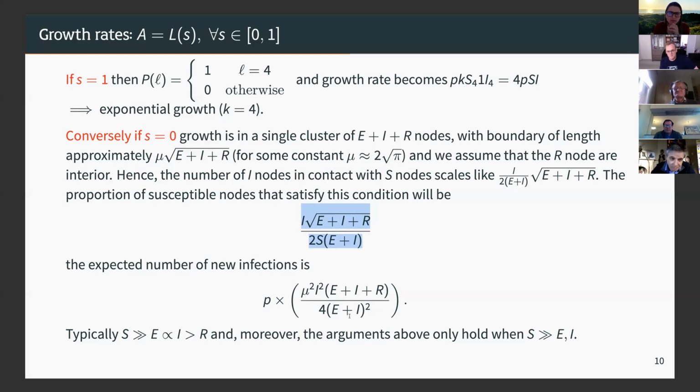Square that, bit of normalization, and you get scaling of the rate of infection as something like this, right? So there's actually an infected term in the numerator and the denominator.